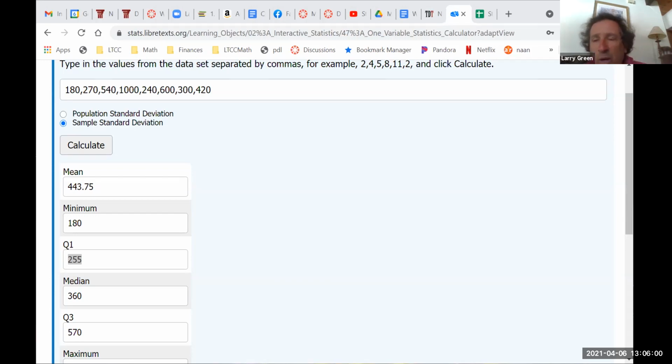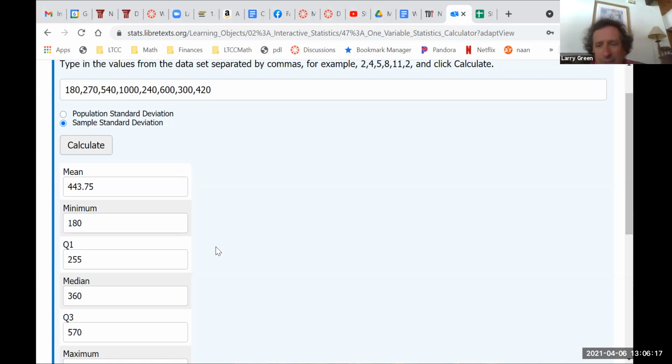And that is the 25th percentile. What that basically means is that if you list all of the answers, especially if you have a long list, then 25% of the answers will be at or below that number.